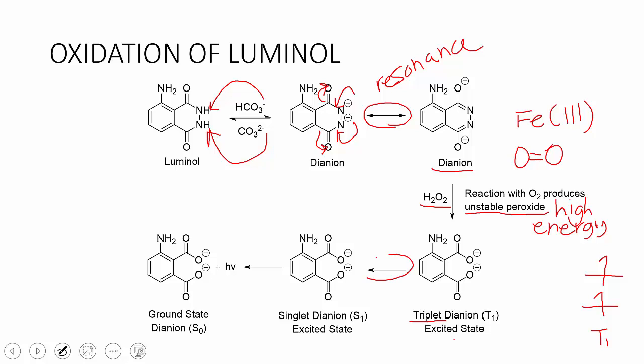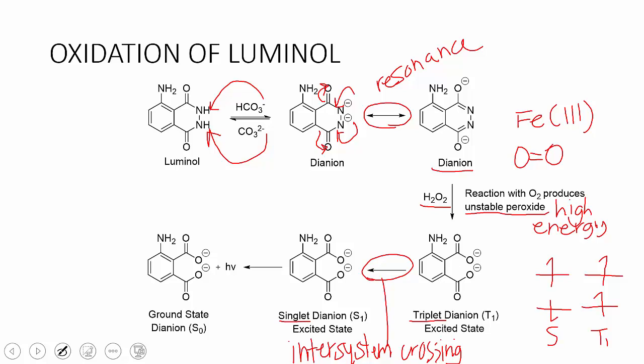Then the electron has to go through an intersystem crossing back to the singlet state before it can relax down to the ground state. As a refresher, singlet state is when the ground state and excited state electron are paired spin-wise, meaning they have opposite spins. Because the electron is back in the singlet state, it can relax back down to the ground state and emit light. If you look at structure number 6, it is the same as the other dianions on the bottom.